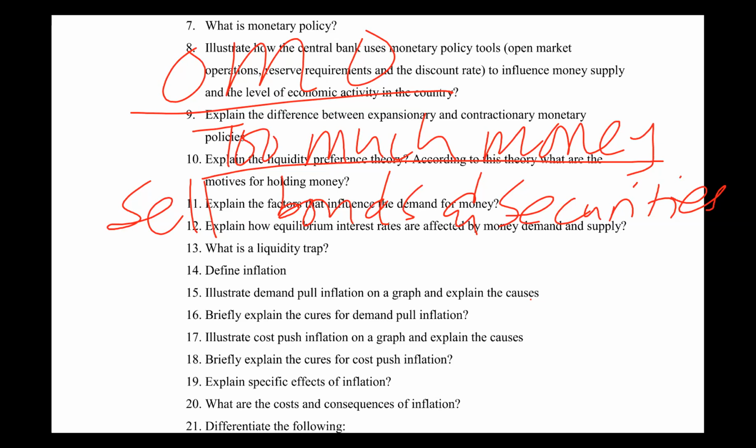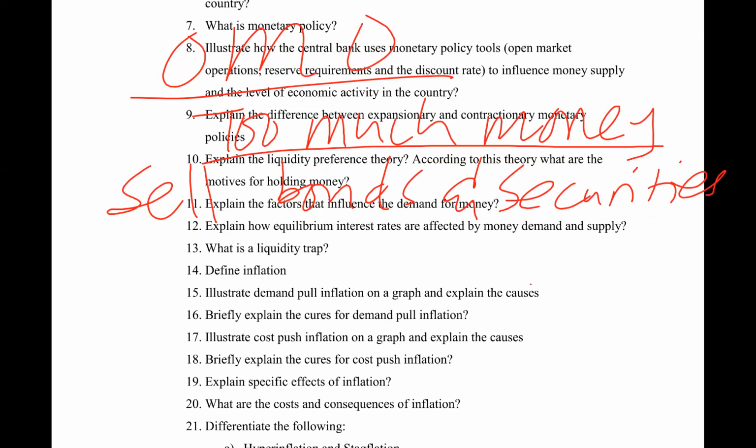That is one of the ways the central bank uses the open market operations to control money supply, especially when you have too much money supplied. Is that clear? Yes, it is, sir.